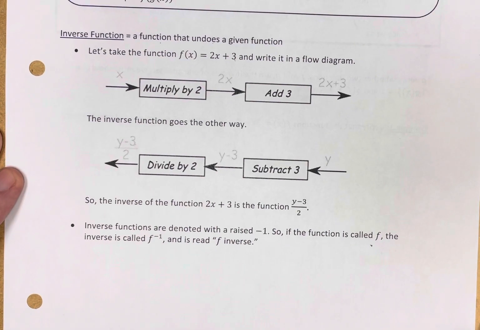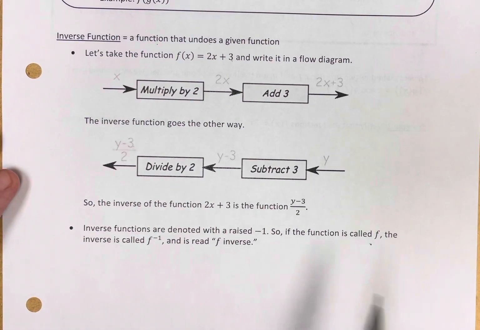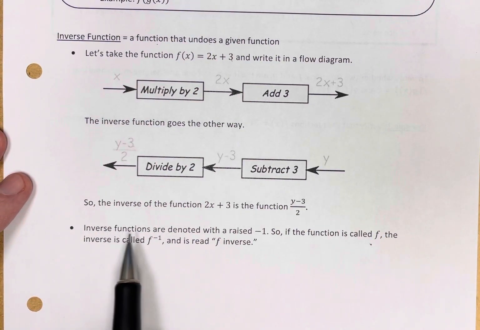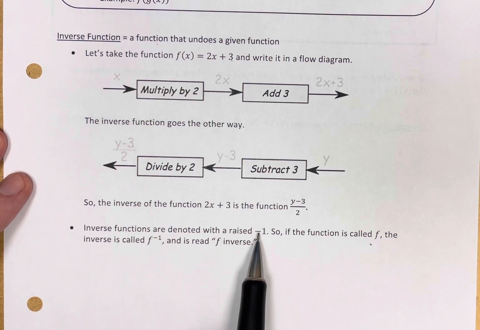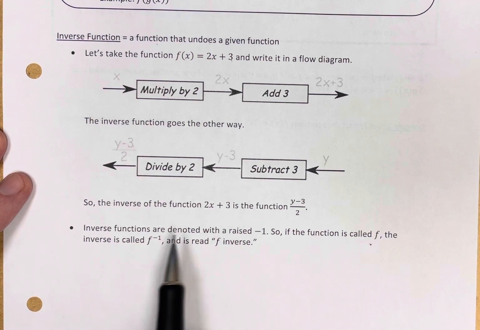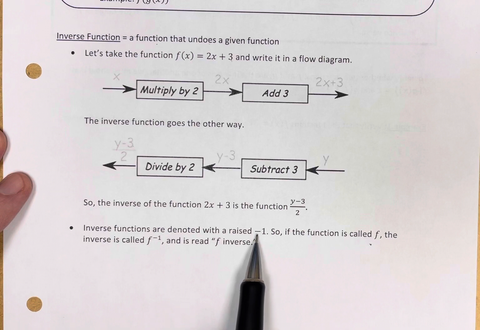Okay, notation. Inverse functions are denoted with a raised -1. The negative sign has lots of meanings in mathematics. Here's another one. If you have a -1 that's been raised, like we see here, it stands for an inverse.